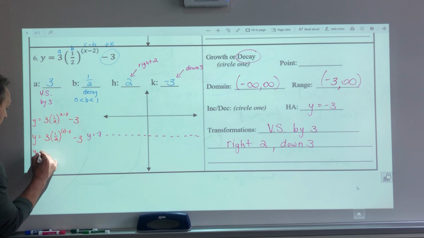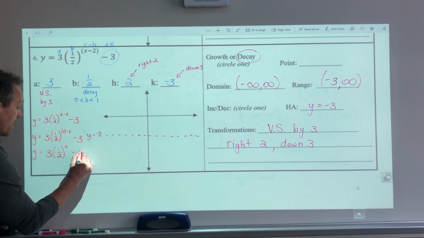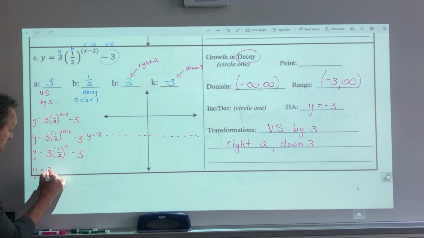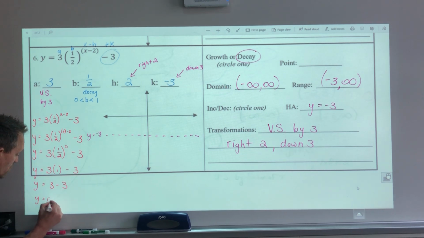That gives me y equals 3 to the 1/2 of 0 minus 3. Anything raised to the 0 is 1. 3 to the 1 minus 3. Y equals 3 minus 3. Y equals 0.